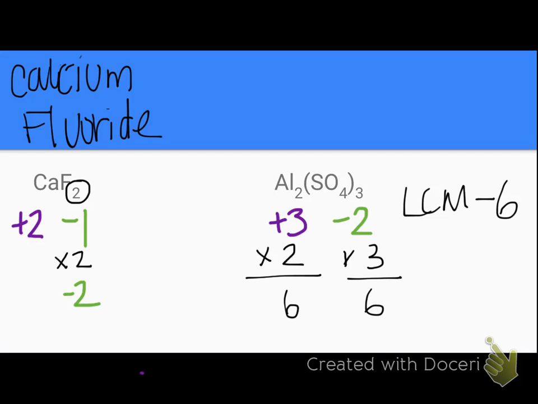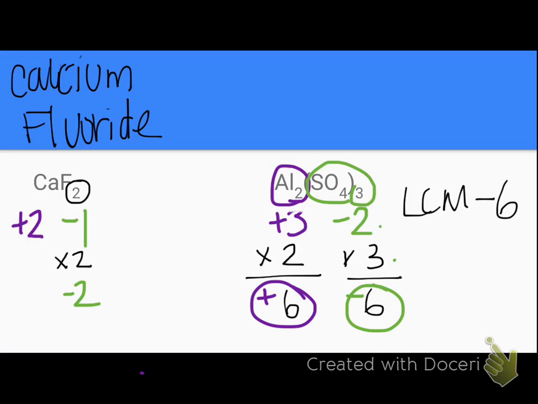Now I'm left with +6 on my aluminum, and a -6 on my sulfate. So I multiplied my aluminum by 2, so I'm multiplying my +3 charge twice to give me a +6. I took my sulfate and multiplied it by 3. So I took my -2 charge on sulfate, multiplied by 3.